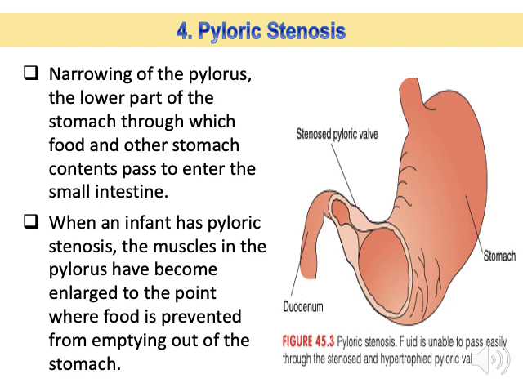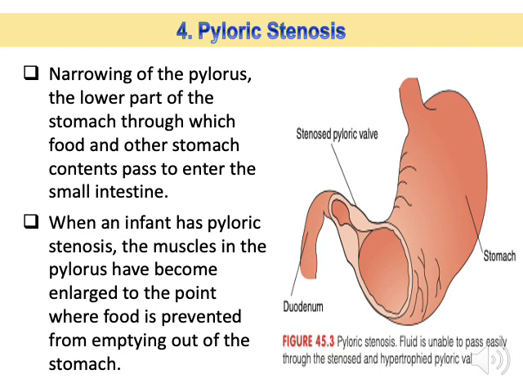Figure 45.3 shows pyloric stenosis where food and fluid is unable to pass easily through the stenosed and hypertrophied pyloric valve. This condition also occurs less frequently in breastfed infants than in formula-fed infants.